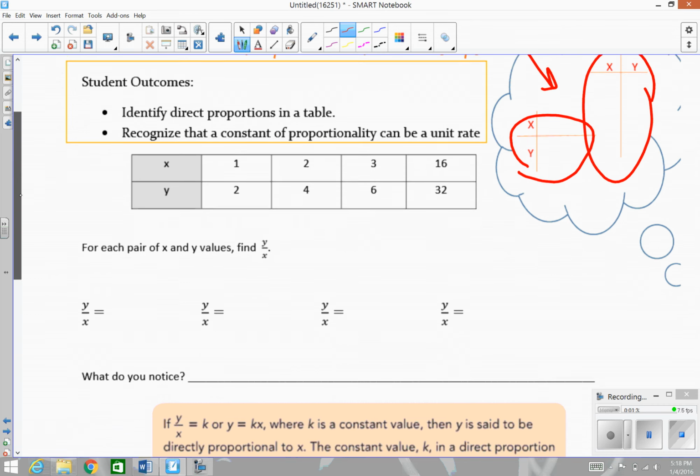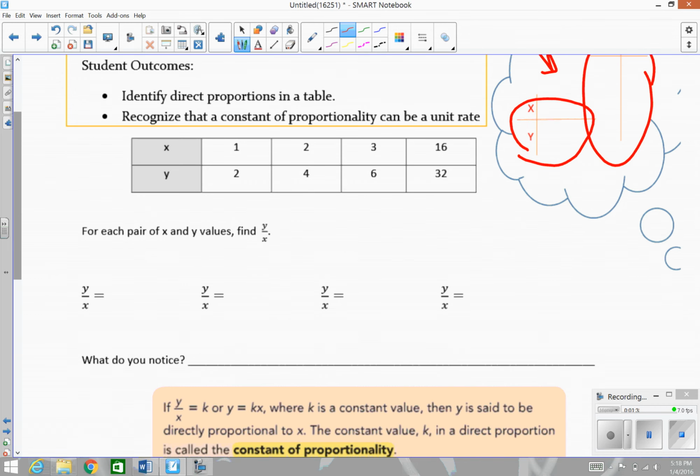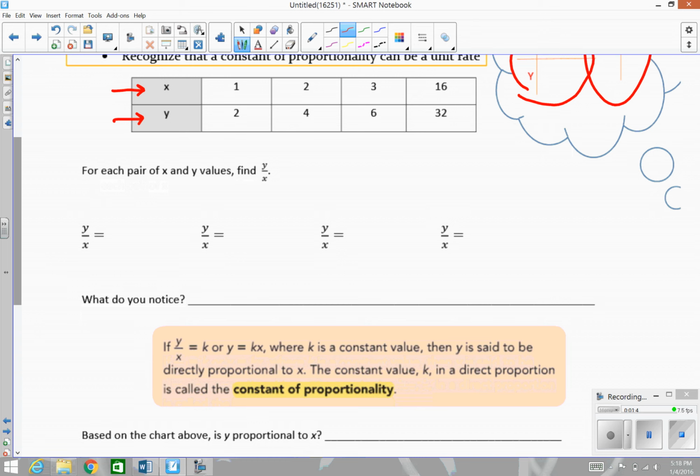So in this table, luckily, they've labeled X and Y for us. These are all of our X values and then all of our Y values. The first thing we're going to do is, for each pair of X and Y values, this pair, this pair, this pair, and this pair, find the fraction or the ratio Y over X. Very simple.